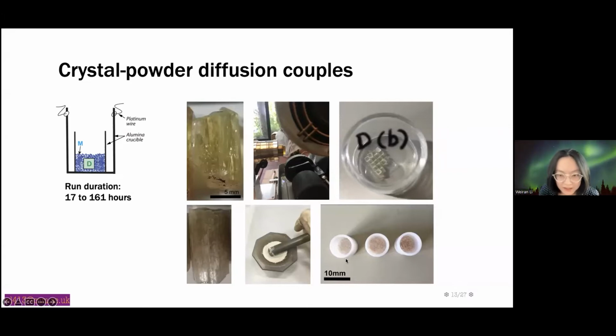Here's how the powder looks. And here's the crucible where the Durango cube and the Morocco powder were put. We put the small crucible into a larger crucible and then put this into the furnace to heat up. The run durations are from about 1 day to about a week.